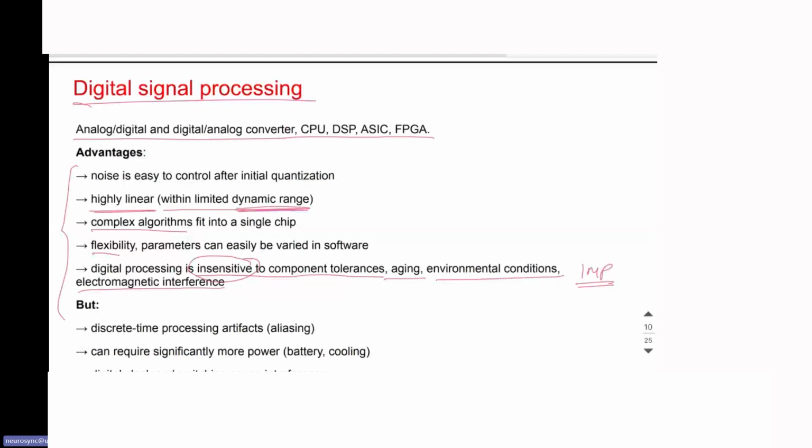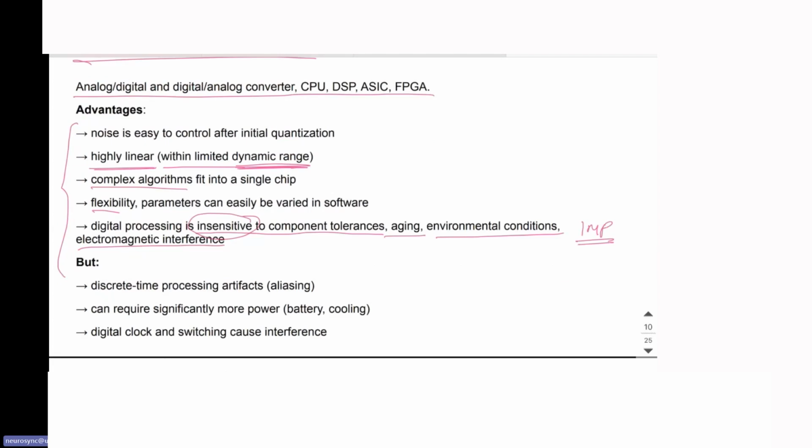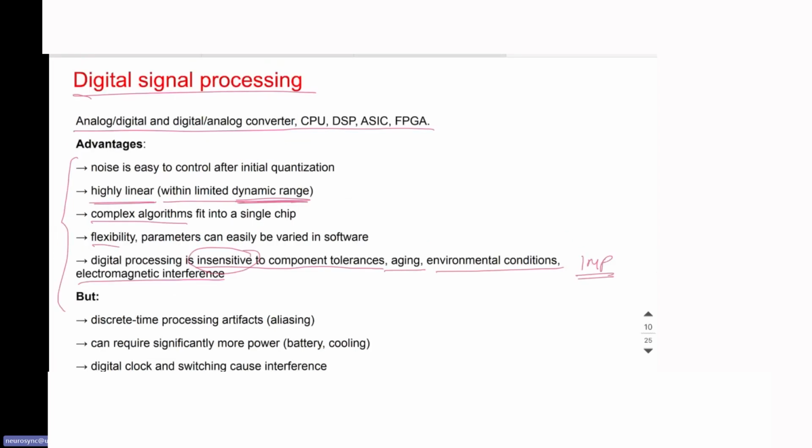This is a very important advantage of digital signal processing, because it is insensitive to all these conditions, whereas an analog circuit will be very sensitive to them. But in digital signal processing, there are discrete time processing artifacts, and aliasing will be there.